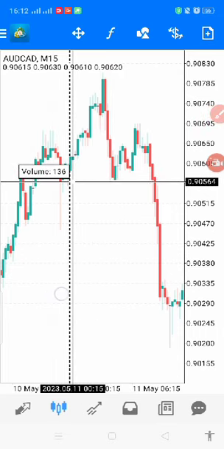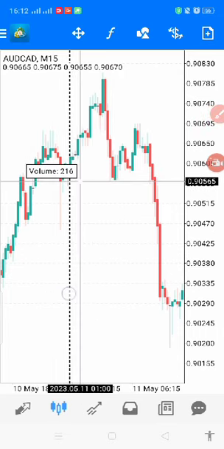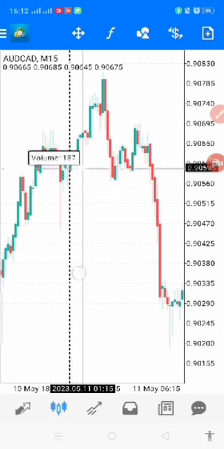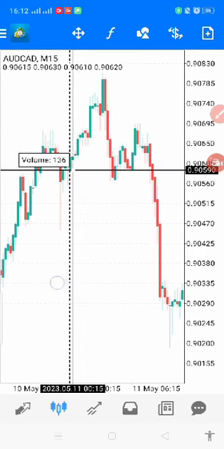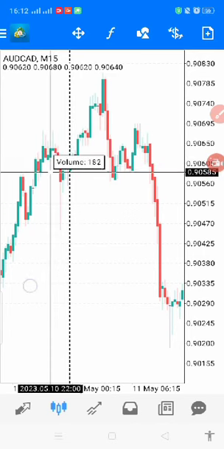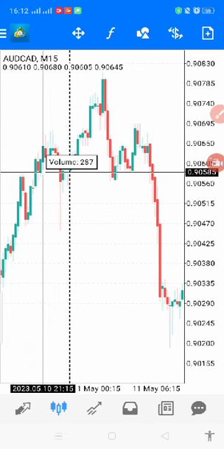So each candle that I point on with this data window icon is going to give us the information of that particular candle: when it opens, closes, and the lowest part of the candle.